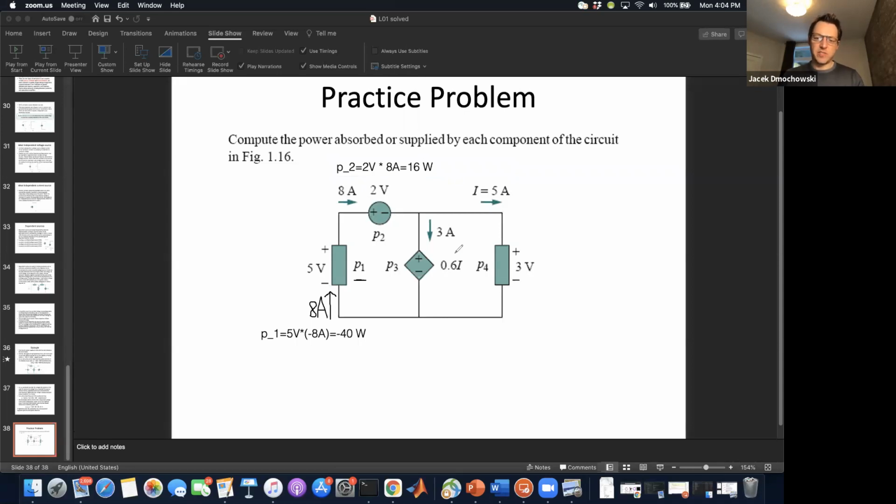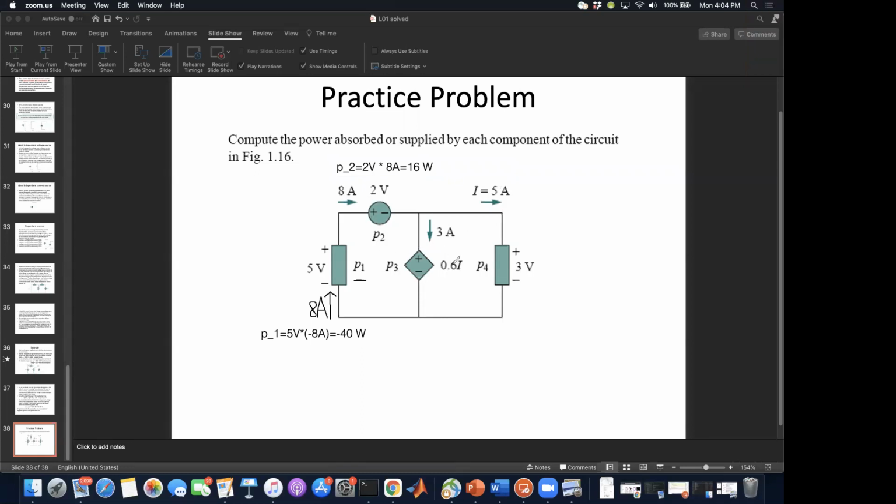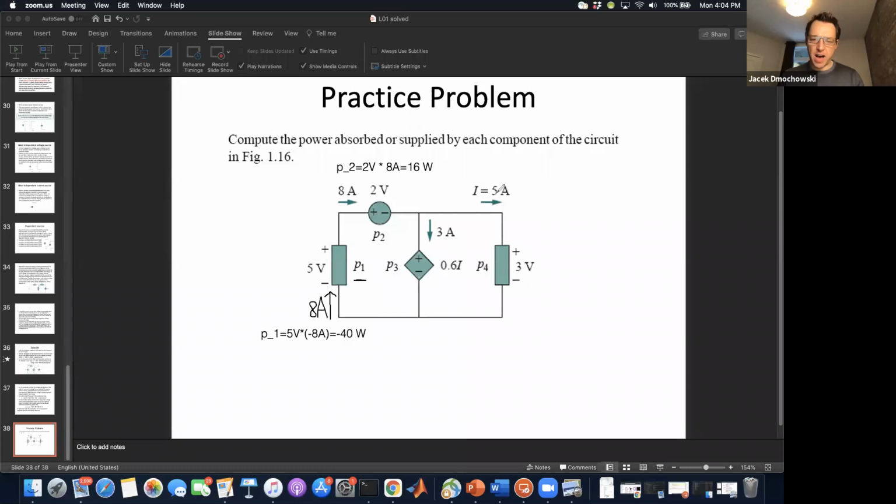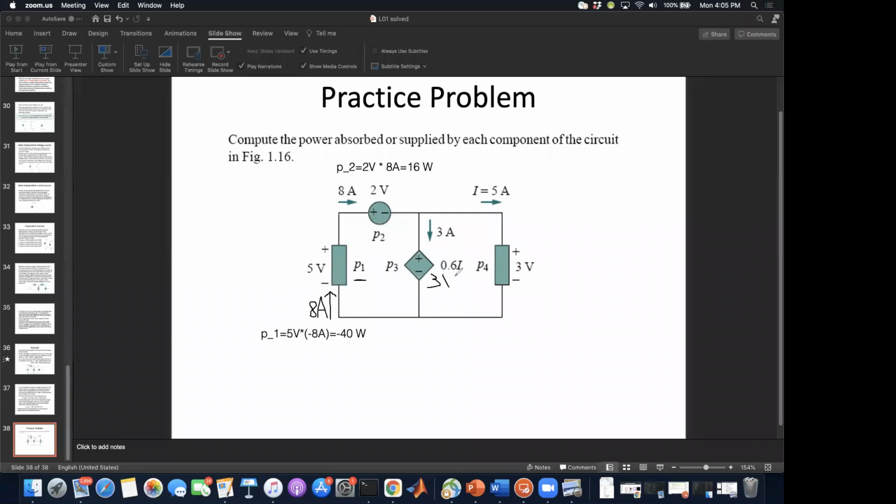So first of all, this is a voltage source whose value is equal to 0.6 times I, where I is equal to 5. So 0.6 times 5 is what? Is 3 volts.